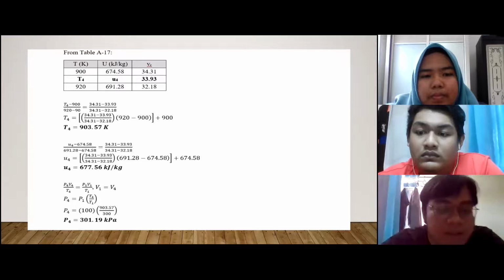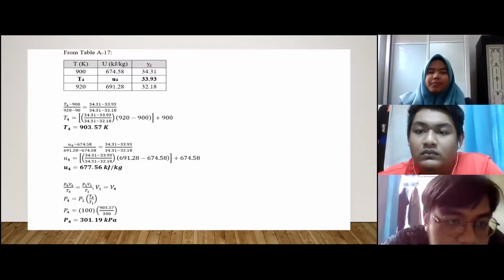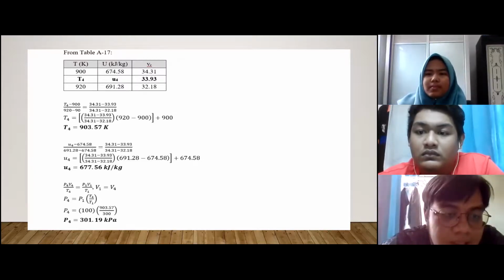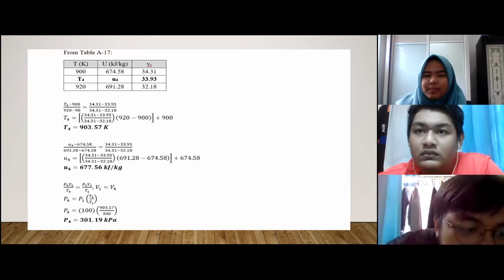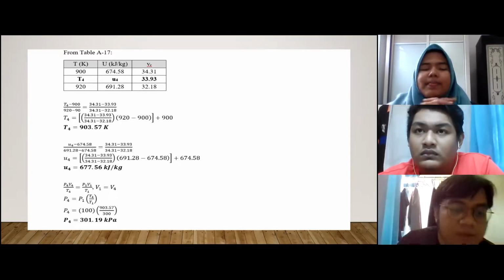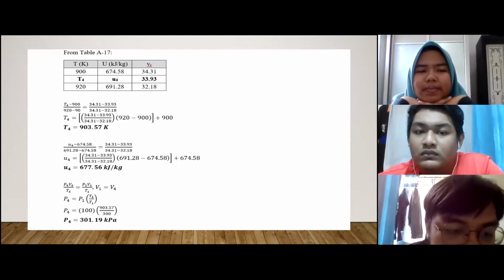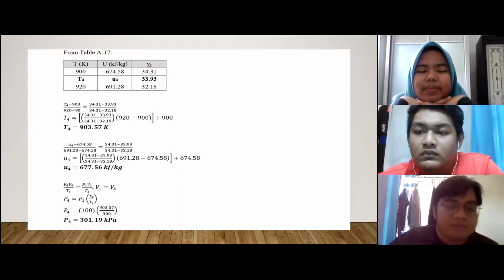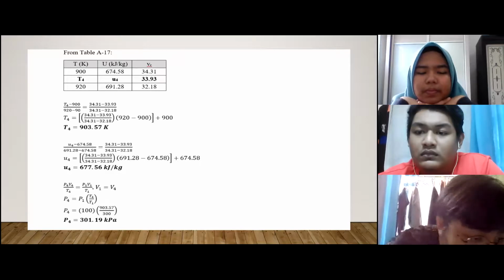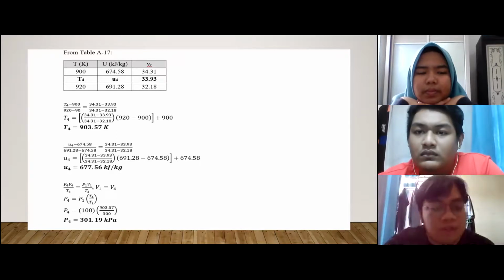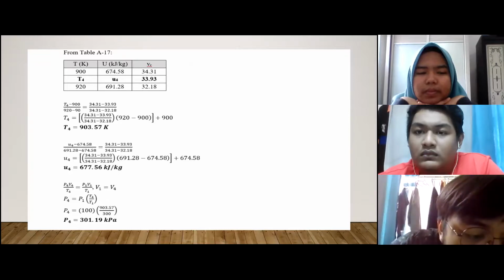So we get the temperature T4 equals 903.57 Kelvin. And for U4, we get 677.56 kilojoule per kilogram.